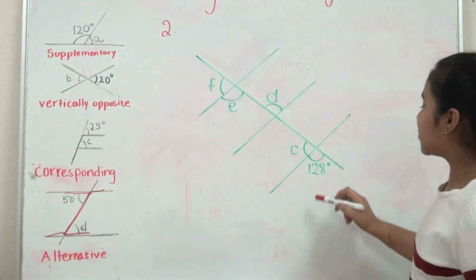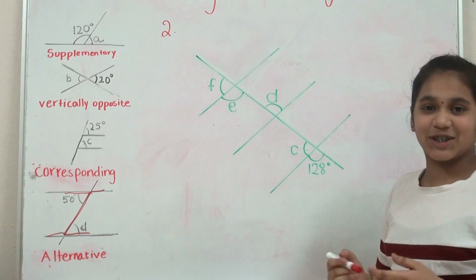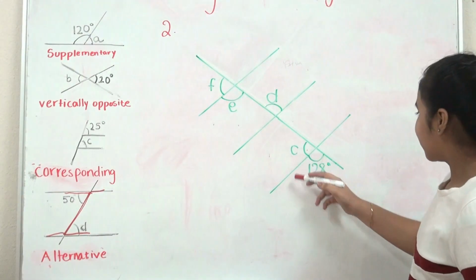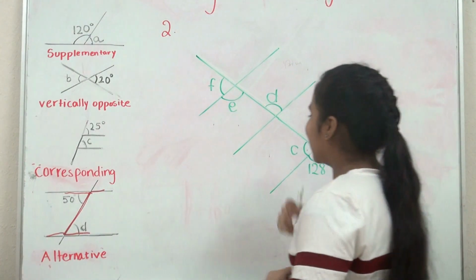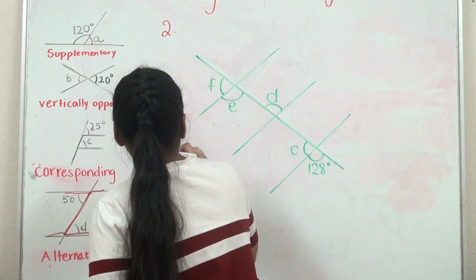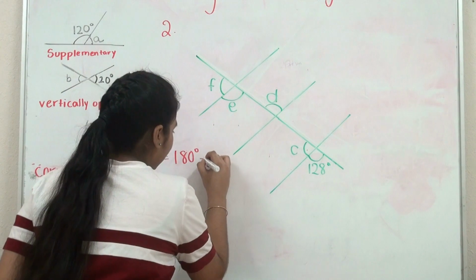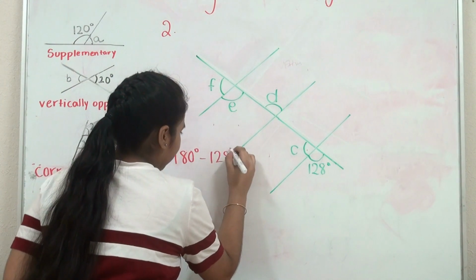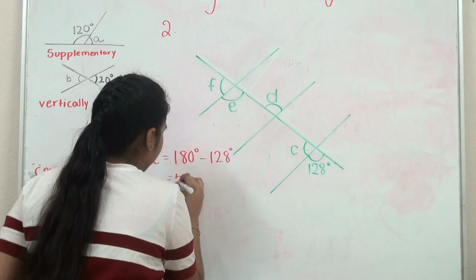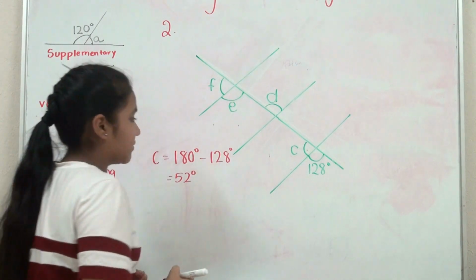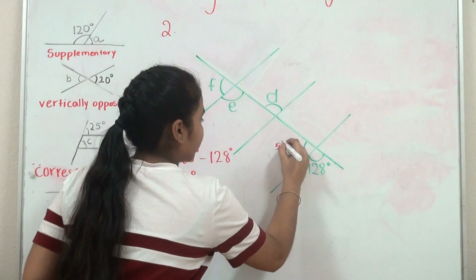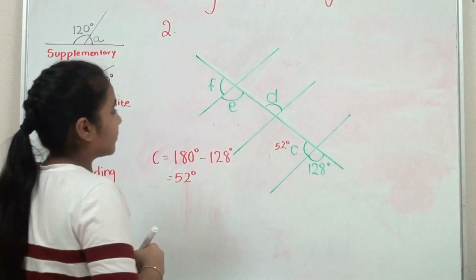If we have 128 degrees, what we should do to find C is to subtract it. So C is equal to 180 degrees minus 128 degrees, which is equal to 52 degrees. So let me write 52 degrees over here.